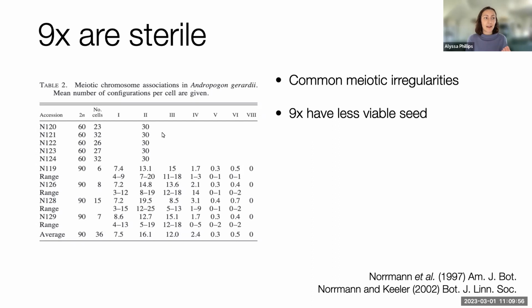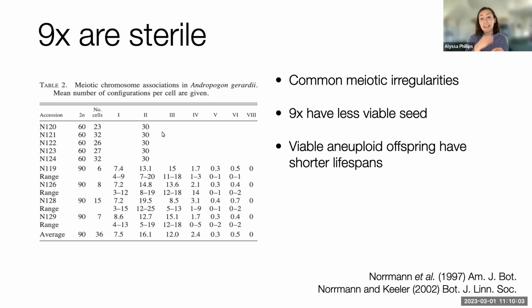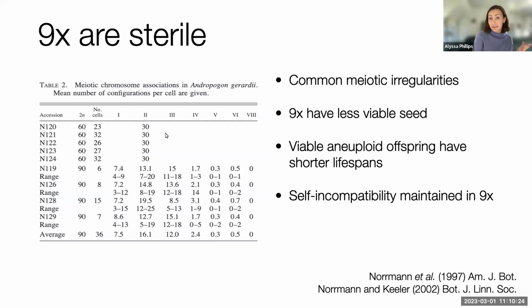These common meiotic irregularities lead to the 9X individuals generally having less viable seed, and the seed that is viable are aneuploid and have a shorter lifespan. So they maybe only survive a couple years, like 3 years on average. We also know that the self-incompatibility seen in the hexaploids is still maintained at the 9X level. So there really isn't a viable sexual reproduction mechanism, it seems, in the 9X individuals.